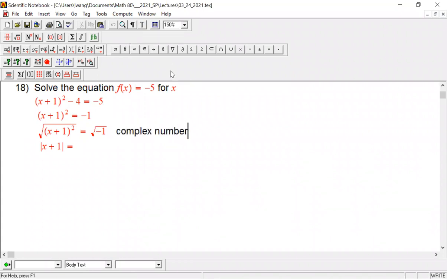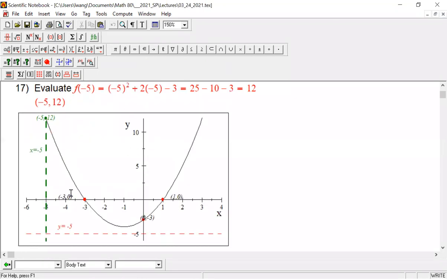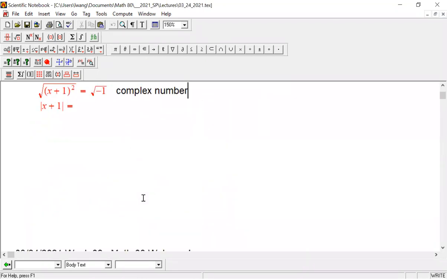For a complex number, we cannot graph it in the rectangular system we have right now. We have to have a new system. This square root of -1 is called i. Have you guys heard about it? Had any one of you learned it?